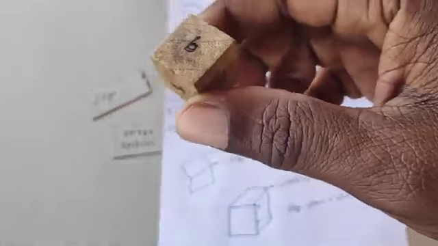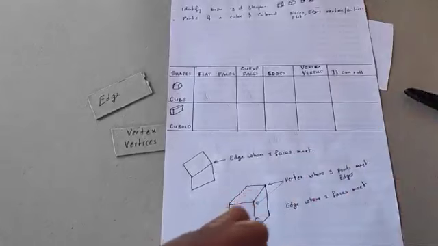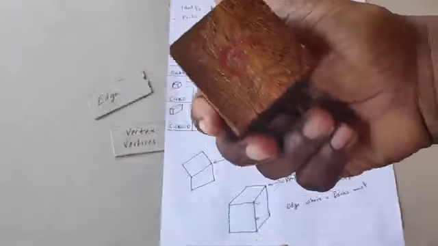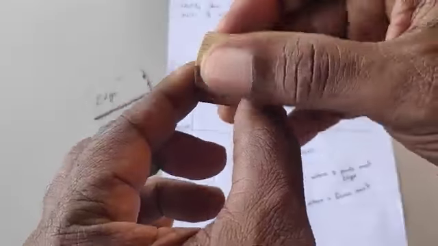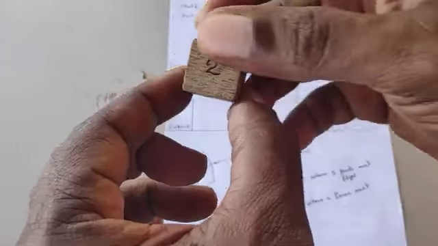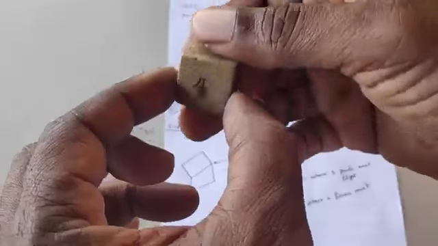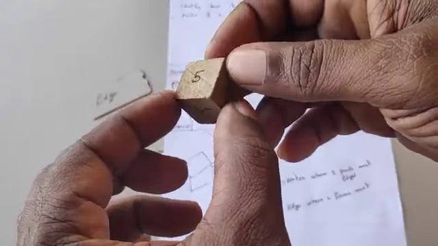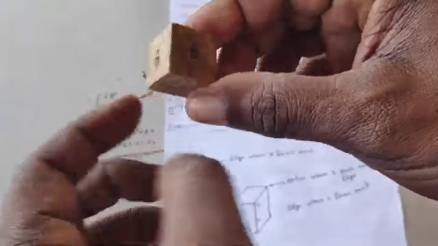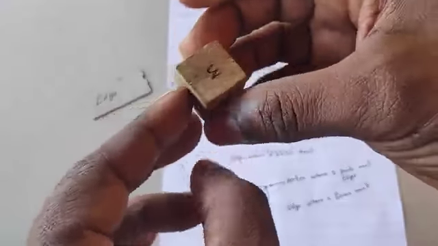So let's see how many faces the cube has. And you see the faces are square, right? So let's go. 1, 2, 3, 4, 5, 6. See it again?